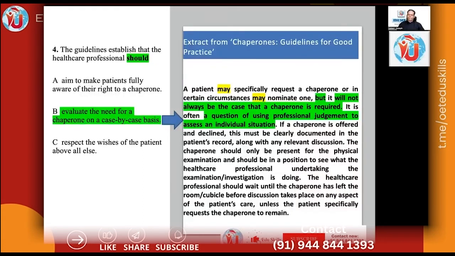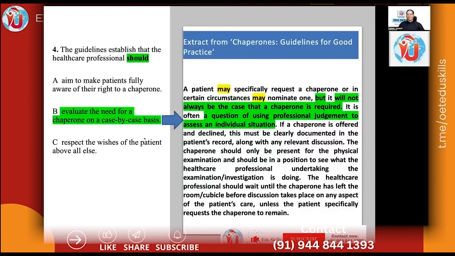The healthcare professional should wait until the chaperone has left the room or cubicle before discussion takes place on any aspect of the patient's care, unless the patient specifically requests the chaperone to remain. The guidelines establish that the healthcare professional should aim to make patients fully aware of their right to a chaperone, evaluate the need for a chaperone on a case-by-case basis, respect the wishes of the patient above all else.